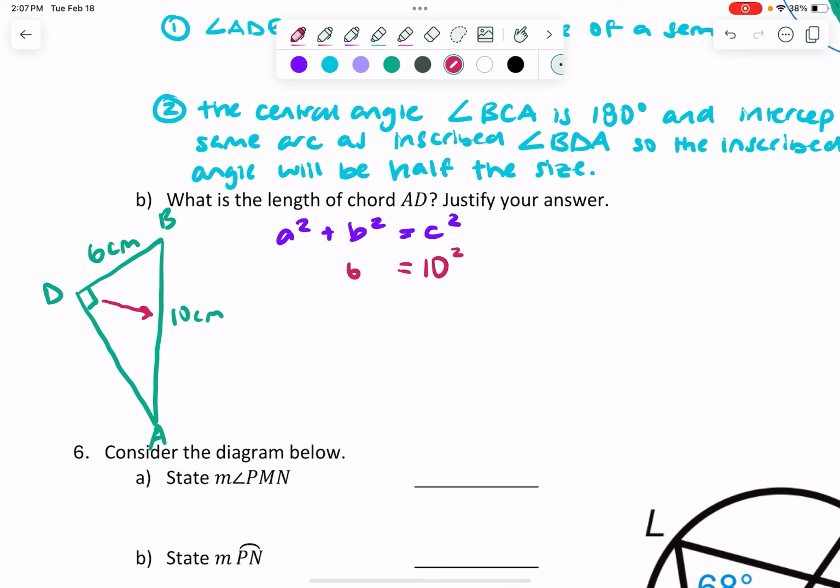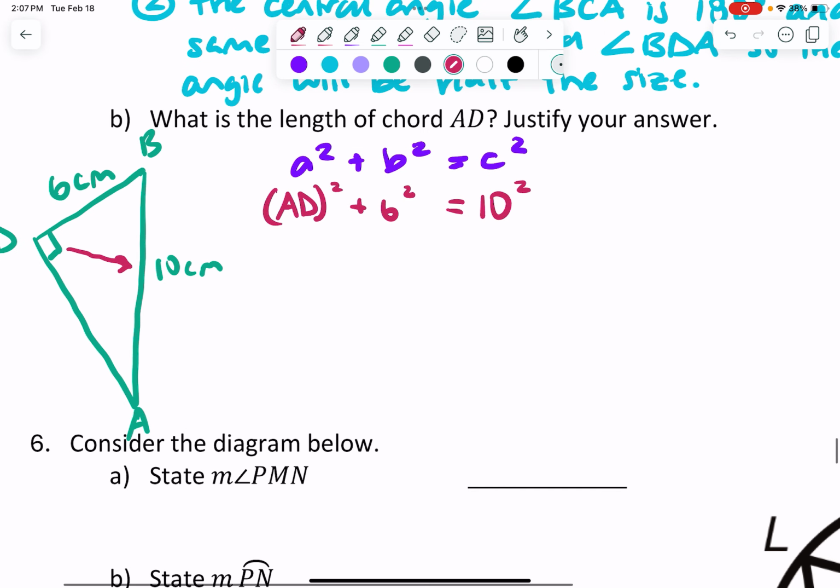So I'm going to put 6 in the b spot just because, to be honest, I probably would have confused the lowercase b for a 6 anyways. And my remaining side is line segment AD. And I'm going to do the math. Well, I can simplify the left-hand side here. That's 36. And I could simplify the right-hand side, which is 100.